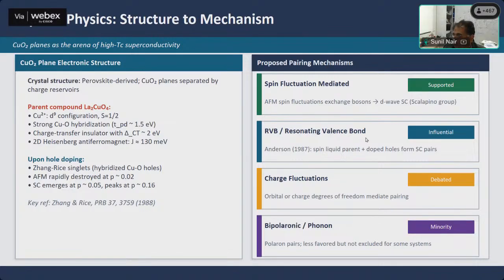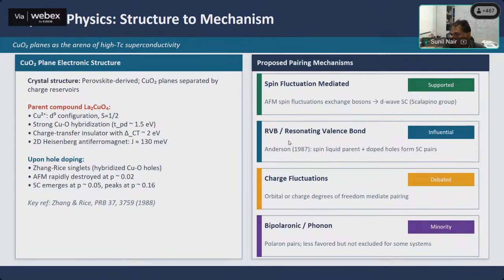The resonant valence bond model, initially proposed by Anderson and, of course, by G. Baskaran from India, who has been one of the pioneers of this kind of model, is also an influential model, though there are some systems where it may not necessarily work that well.